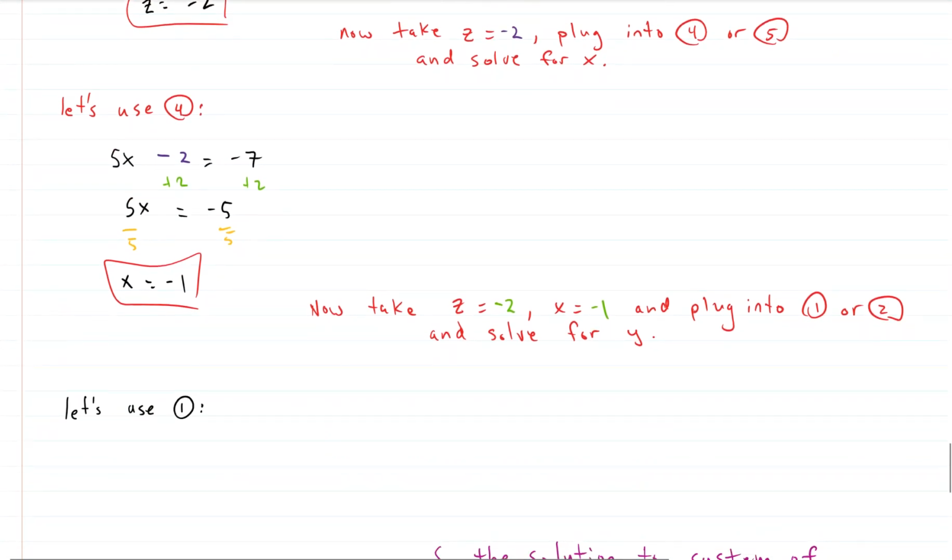Equation number 1 is x plus 2 times y minus 3 times z equals 9.